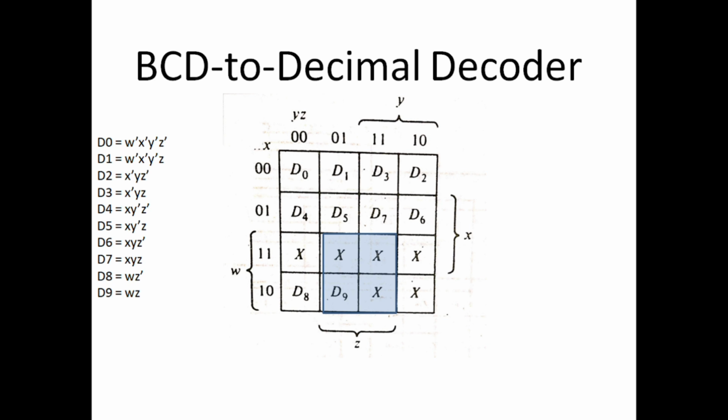So this gives us the advantage to use a single map for all 10 output variables. Just to remind you, you can use a single map for every output variable. That approach is still valid, but a single map for all output variables is a more efficient solution.